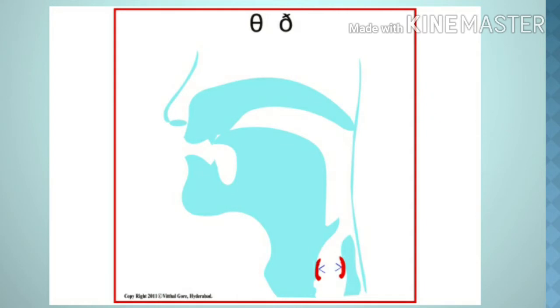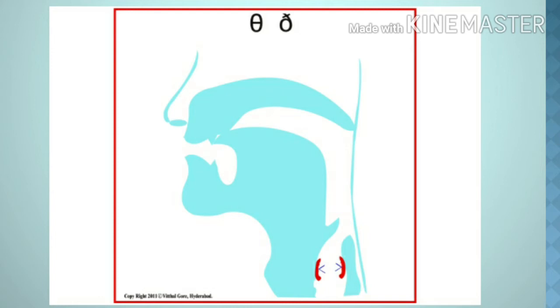Th is a voiceless dental fricative consonant sound. The tip of the tongue, the front of the tongue, is raised towards the upper teeth and brushes the alveolar ridge. There is a firm contact between the tongue and the passive articulator, the teeth and alveolar ridge.